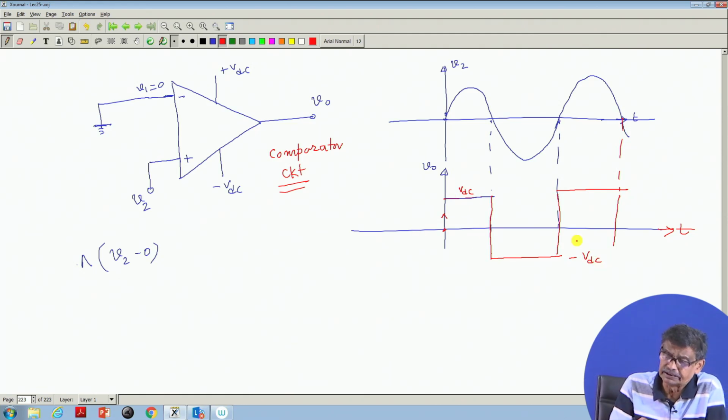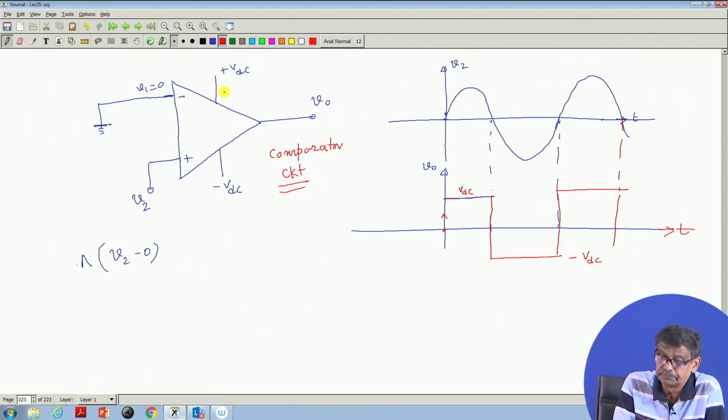So, in such operations, the op amp will operate under saturated condition, and there is no point in trying to say that VDC by this V2 is your A. No, it is saturated.